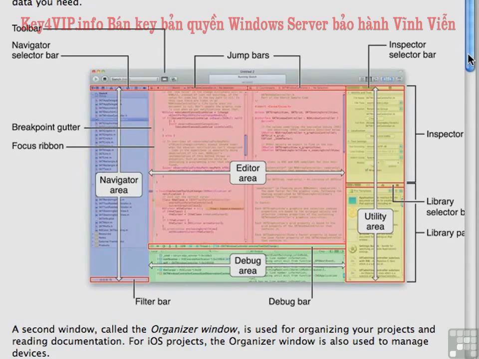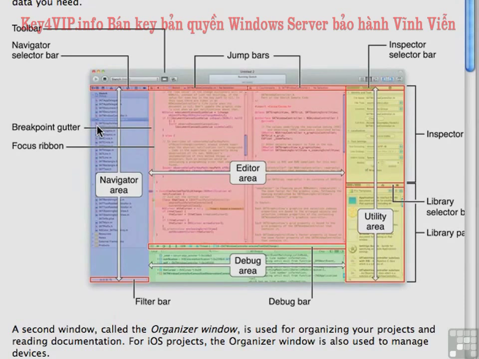If you have a nice large monitor, expand the workspace window so that you can see everything in it as big as life. This is, in effect, Command Central for developing your iPhone app. It displays and organizes your projects, source files, and other resources that you need to build your app. So here you see the following: the Navigator area and Navigator selector bar right here.